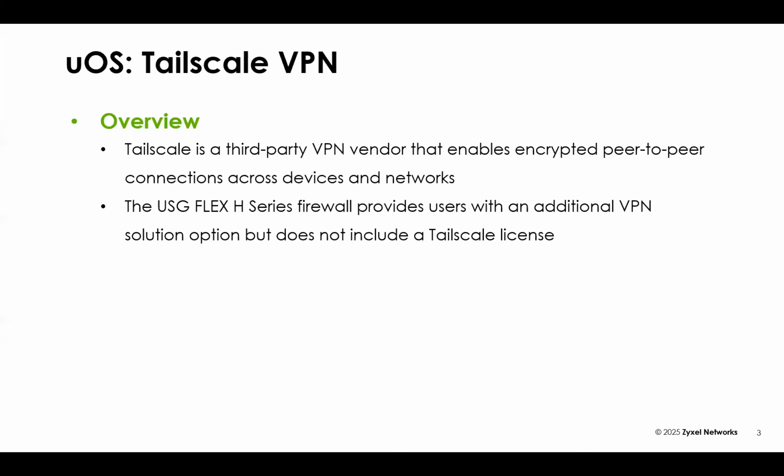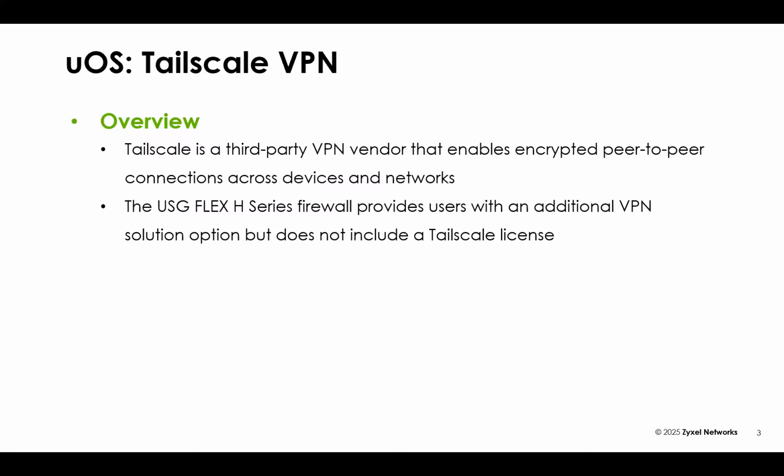You have to go to Tailscale to get the license for that. There is a cost per user per month license structure with the Tailscale VPN. As of this recording, you can get a one node user, I believe, for free. But if you want to expand that out, it is roughly, I believe, $6 per month per user.